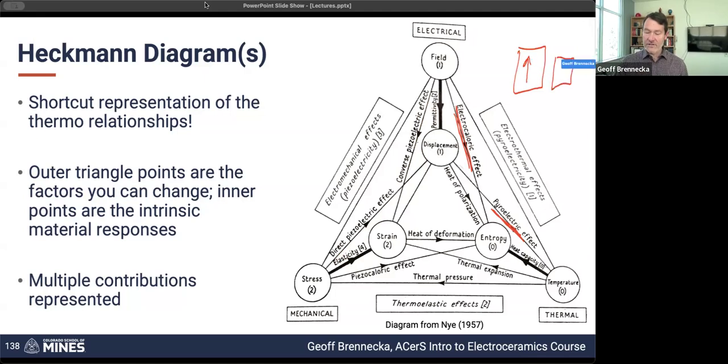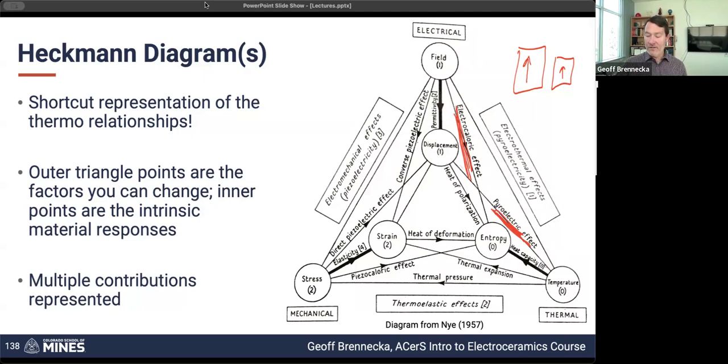Because of thermal expansion, you're going to get a different magnitude of polarization when you change the size of the unit cell. And that change in polarization as you change temperature is pyroelectric. That's the exact same magnitude, just the opposite variables as this electrocaloric effect.